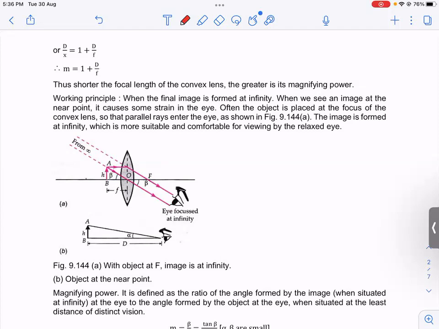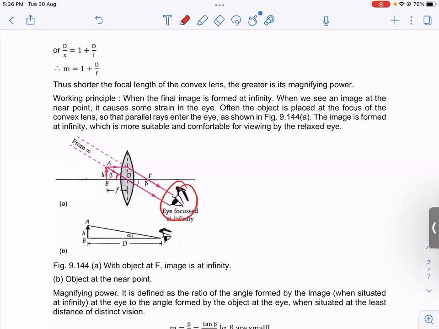Is the point clear? So here is your eye. With respect to the eye, what is the angle subtended by the image? Since the image is highly enlarged, it will be beta.